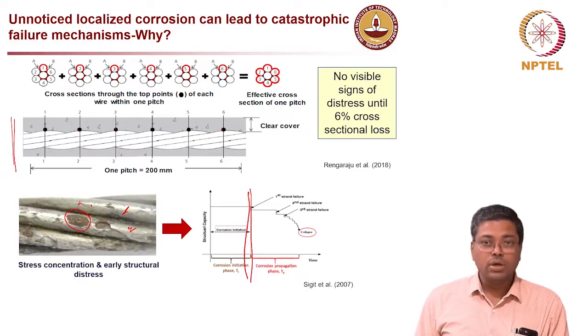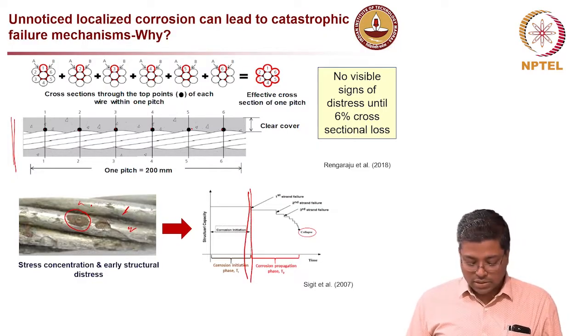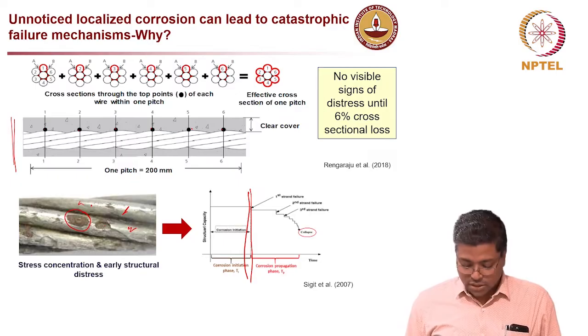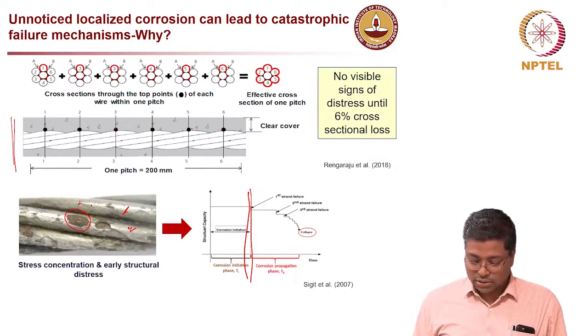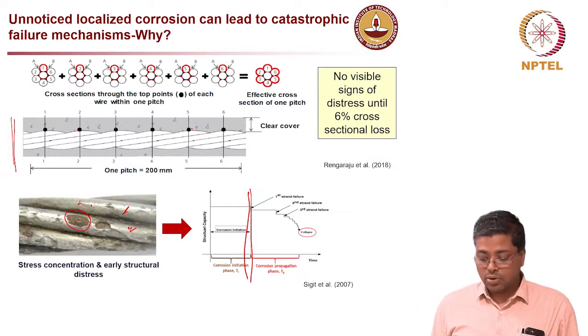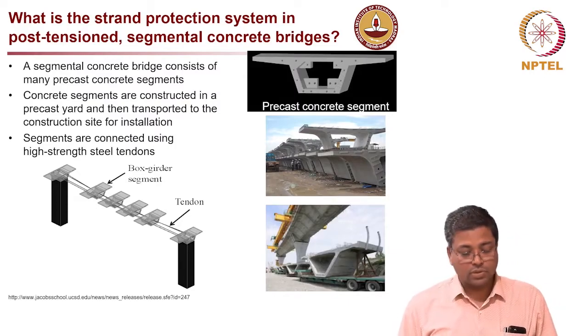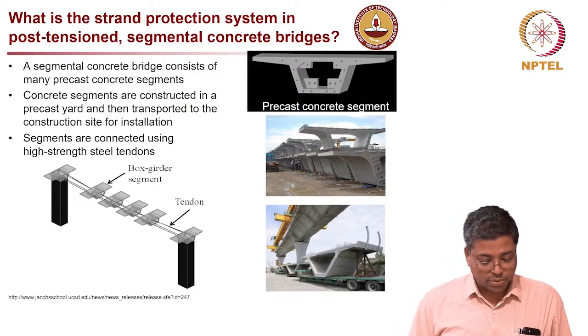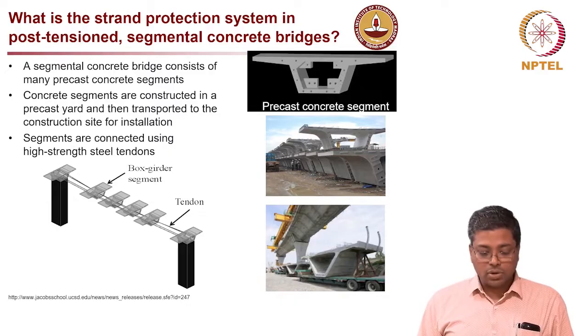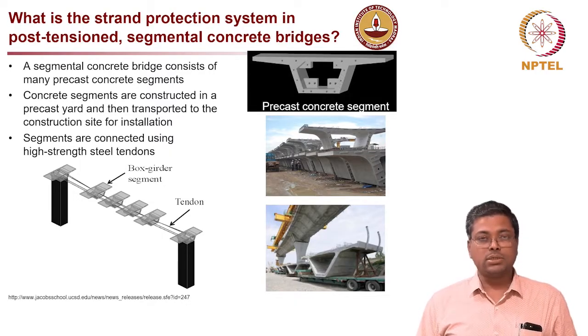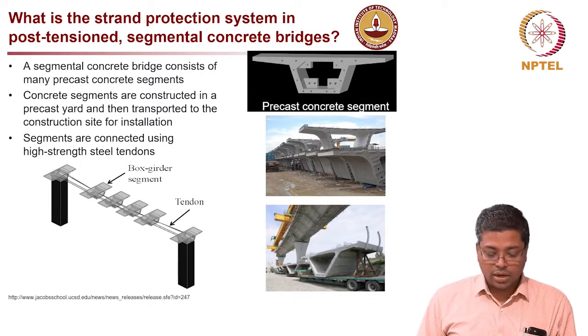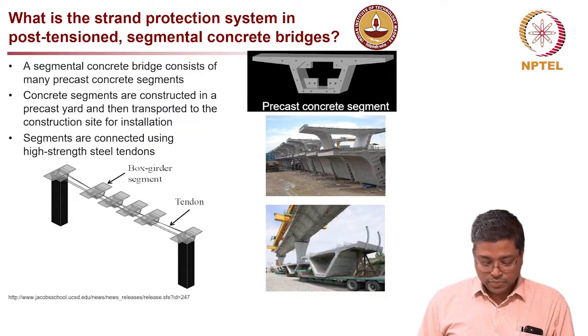In fact, we want to enhance or increase the duration of the initiation phase as much as possible, because once it starts corroding, it becomes very dangerous in a pre-stressed concrete system.